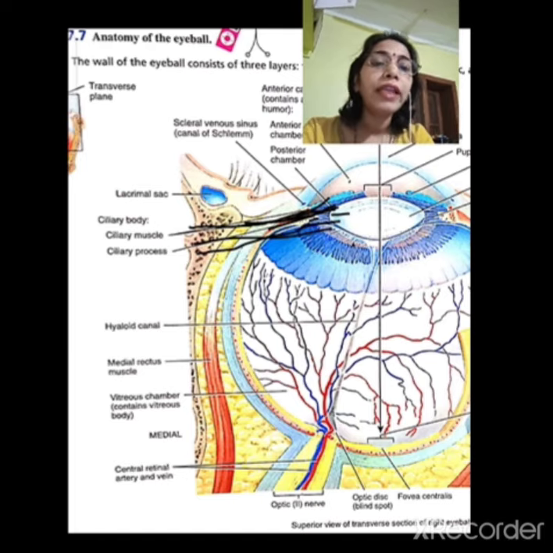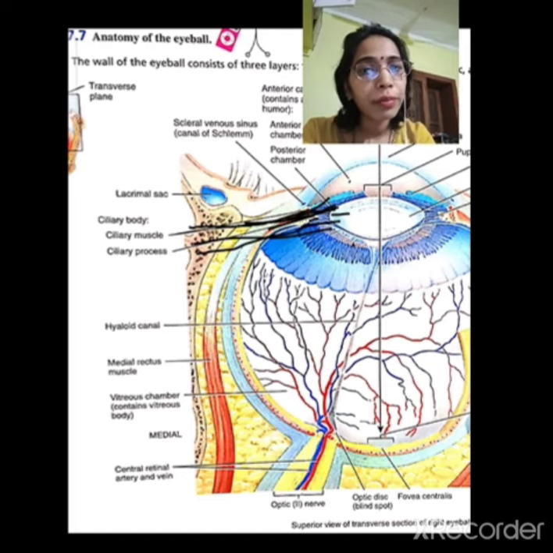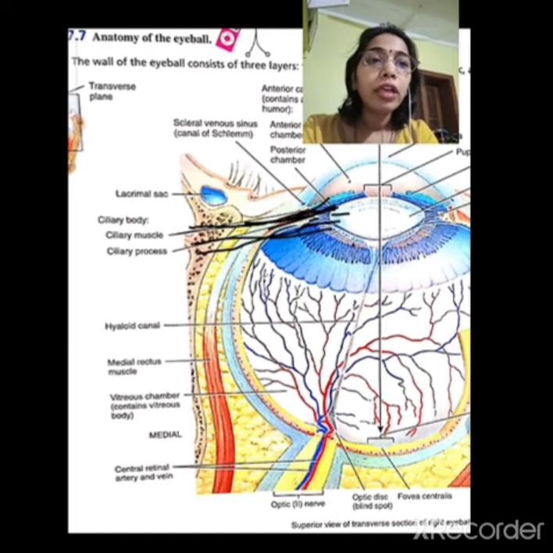Like the choroid, the ciliary body appears dark brown in color because it contains melanin-producing melanocytes, which are responsible for the brown color.